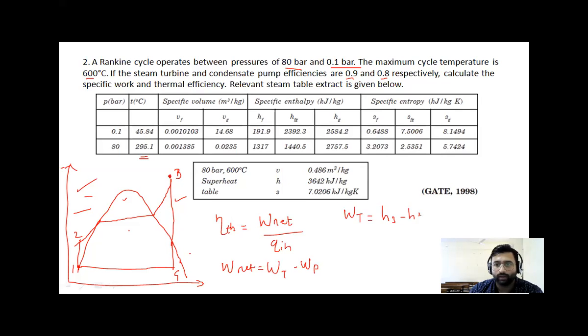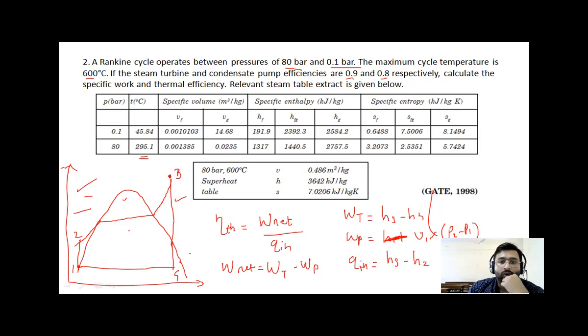H3 minus H4. Pump work will be, sorry, pump work will be specific volume at point number 1 into P2 minus P1. What will QE be? QE will be equal to H3 minus H2.